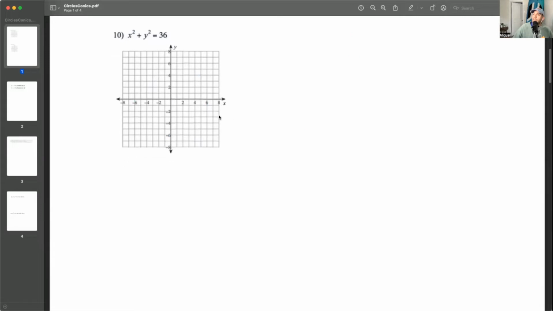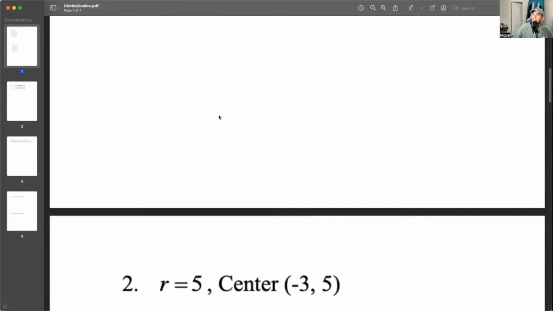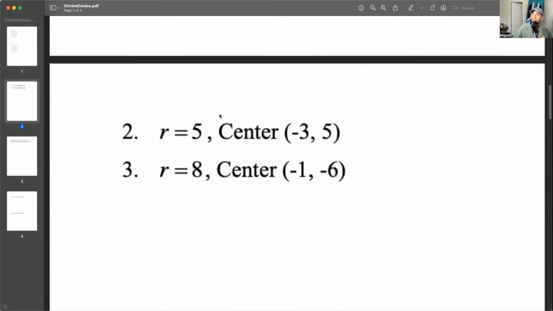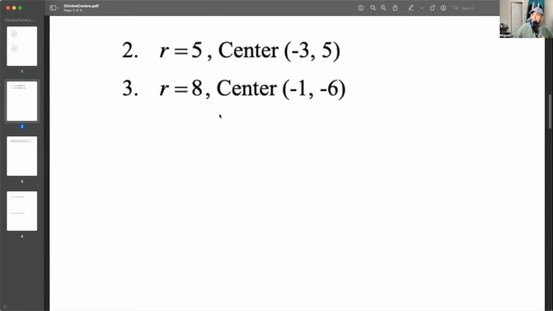And so now let's mention other types of problems that you encounter whenever you are studying these types of circles. In this first particular problem, they're giving you the radius is 5 and the center is -3, 5. And we have to write our equation in standard form.